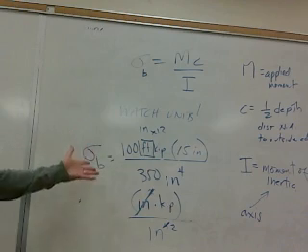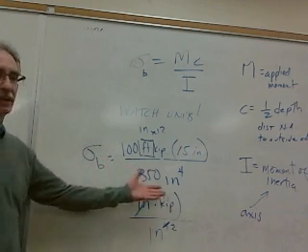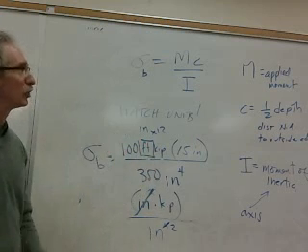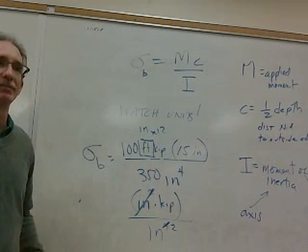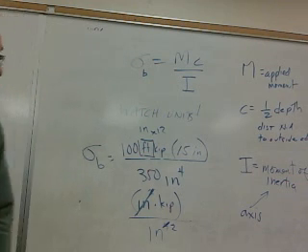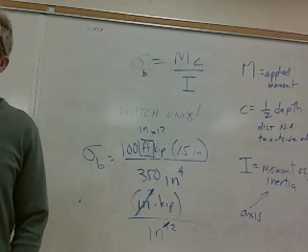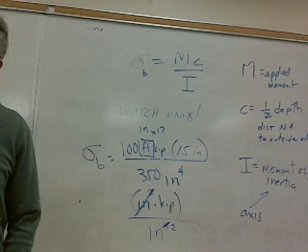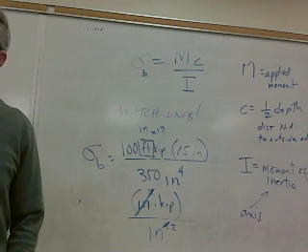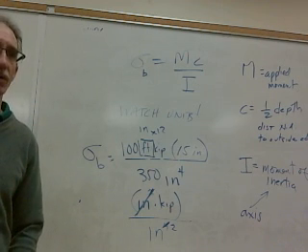Now here's the other thing about the formula. You know, I just threw in some numbers here. But where would you get the moment, do you think? I mean, maybe you're given the moment. Maybe you got a problem and they say, hey, the moment's 100 foot kips. But what else could they do on a problem? Well, they could say, find the maximum bending stress for this beam, and it's got this load on it.